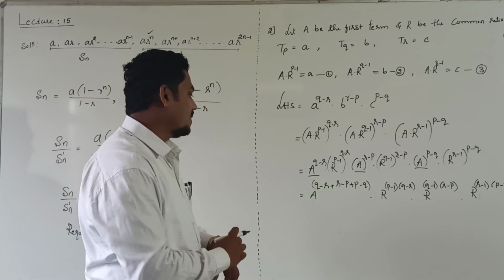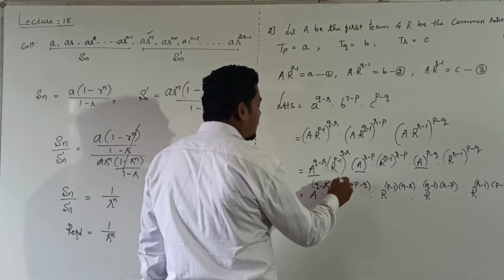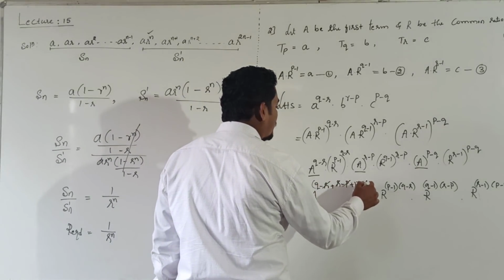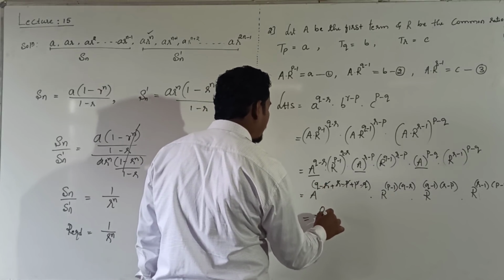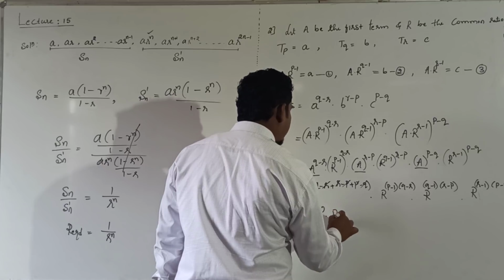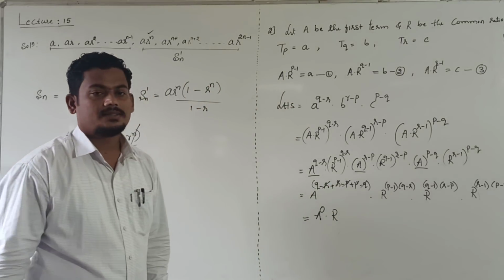After this, q minus r plus r minus p plus p minus q: p and q get cancelled. We get capital A power 0 into capital R power.